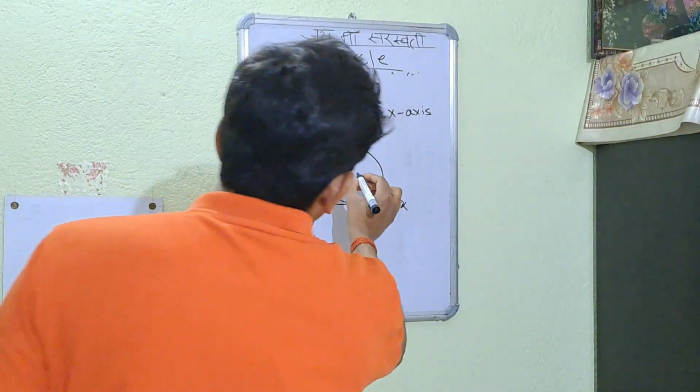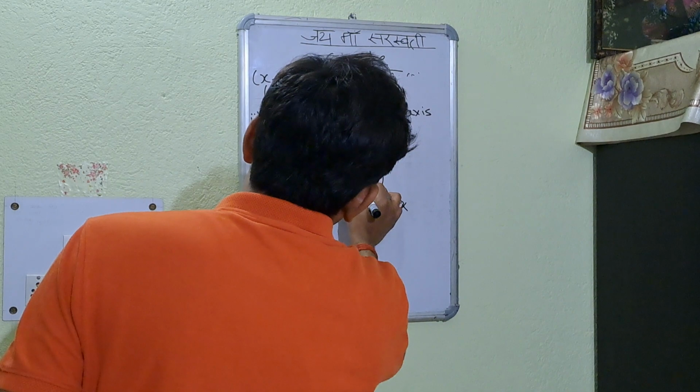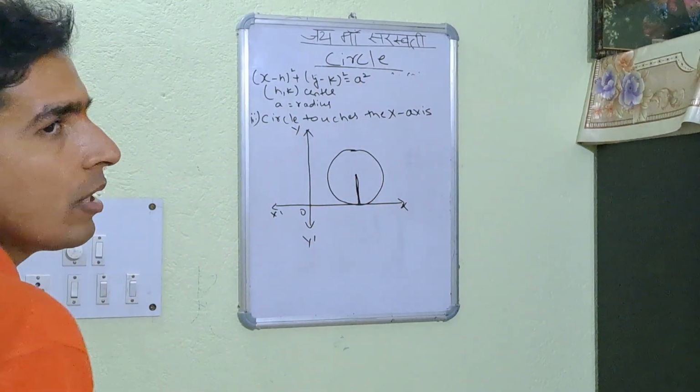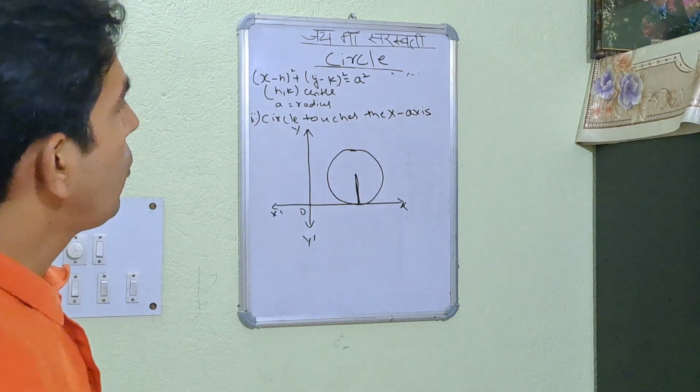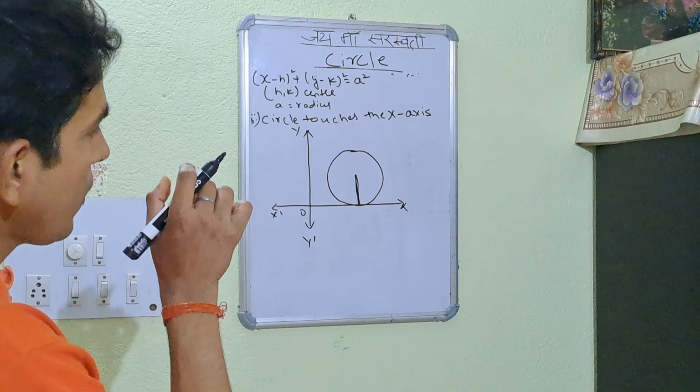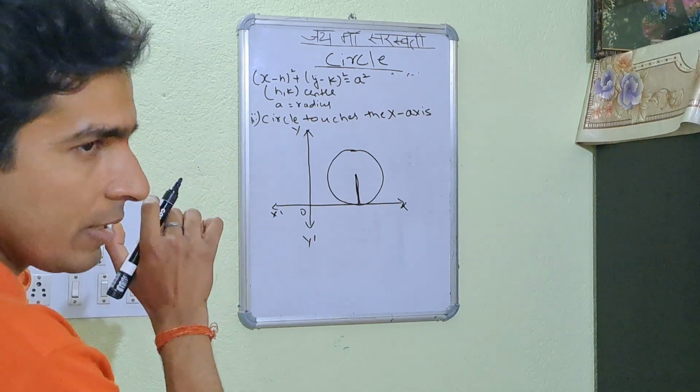This is the particular figure where the circle is touching the x-axis. Here, the circumference of the circle is touching the x-axis.